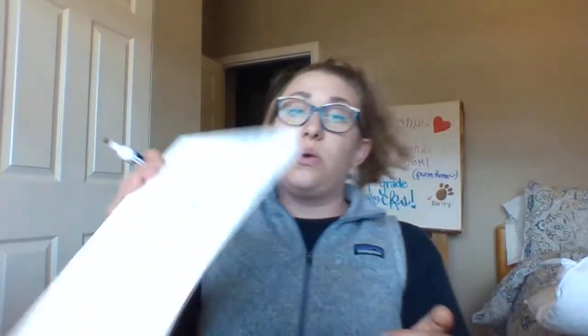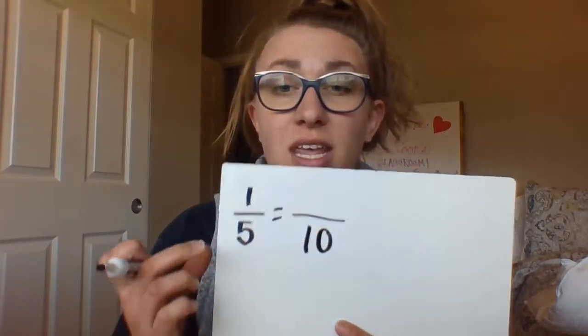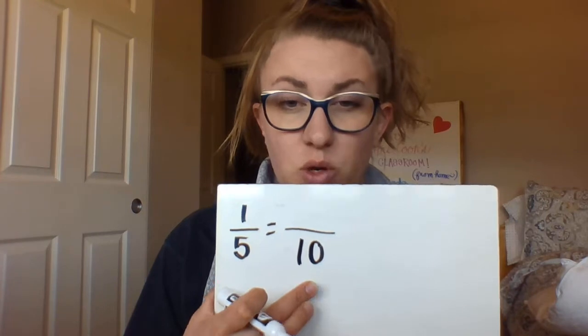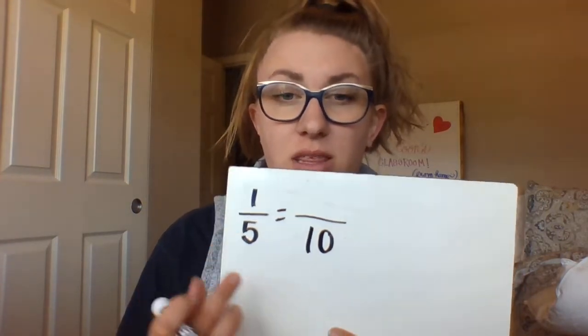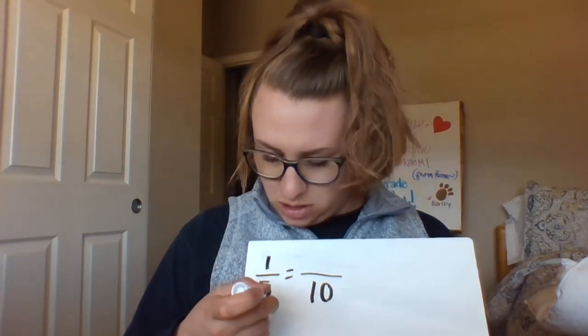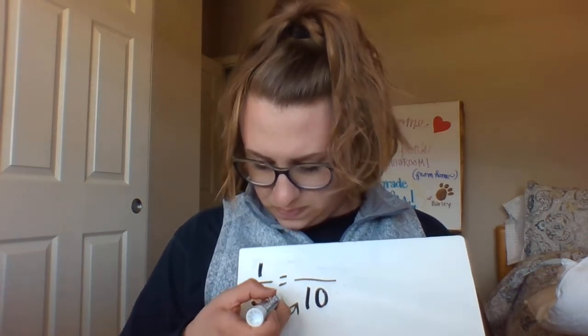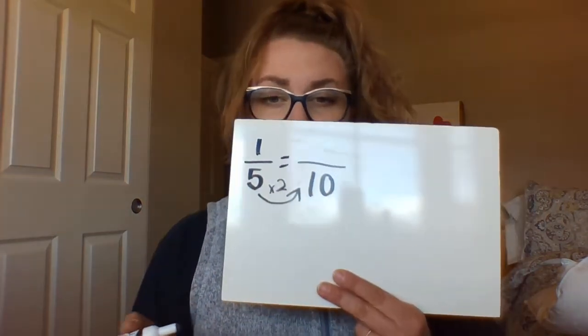What I know about decimals and fractions is that tenths and hundredths are really easy to turn into decimals. So with that in mind, I want to turn my 1/5 into tenths, okay? To go from a fifth to a tenth, all I need to do is multiply by 2. 5 times 2 is 10.